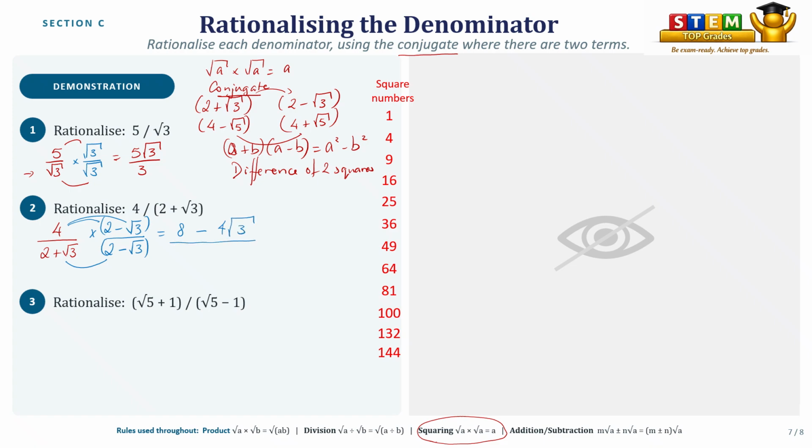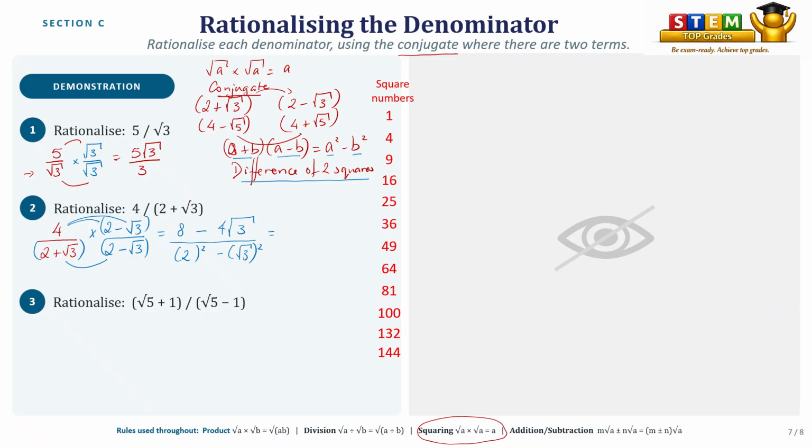And if you remember, we talked about the difference of two squares. What does that mean? So a plus b multiplied by a minus b ends up with the square of the first term minus the square of the second term. So the square of the first term is 2 squared minus the square of the second term, which is root 3 squared.